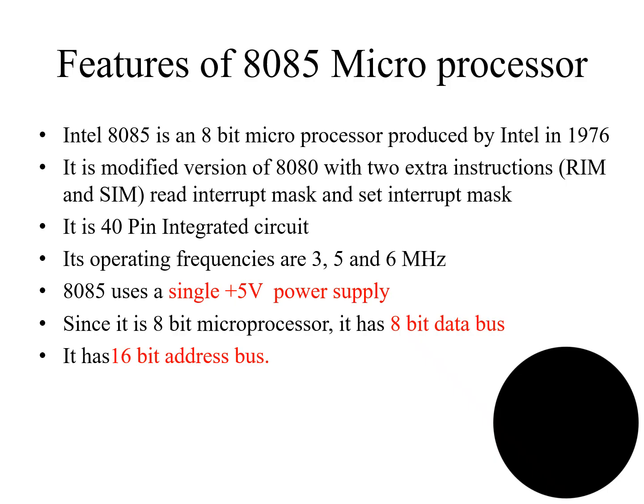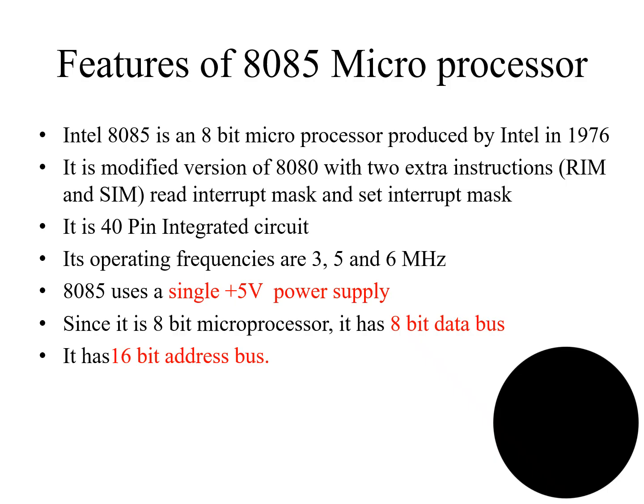Coming to the features of the 8085 microprocessor, it is an 8-bit microprocessor, which means it accesses 8 bits at a time. To process 8 bits at a time, it needs a data bus, and to know where the data is located, it needs an address bus.